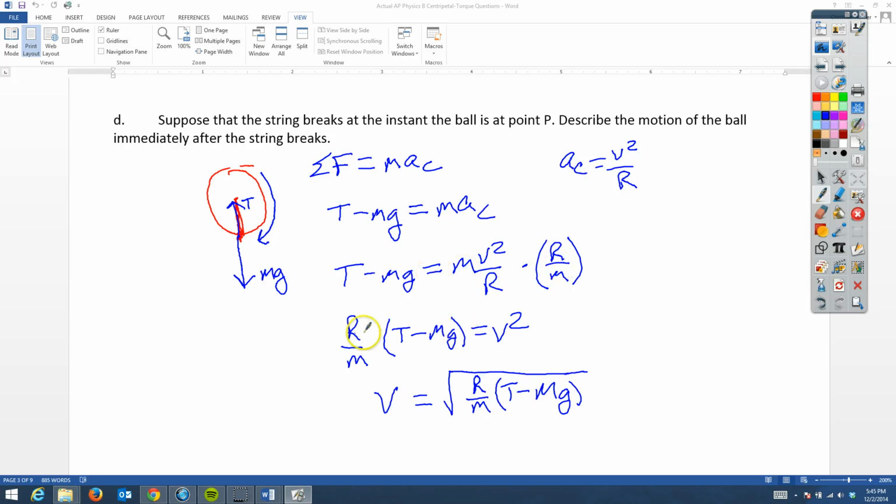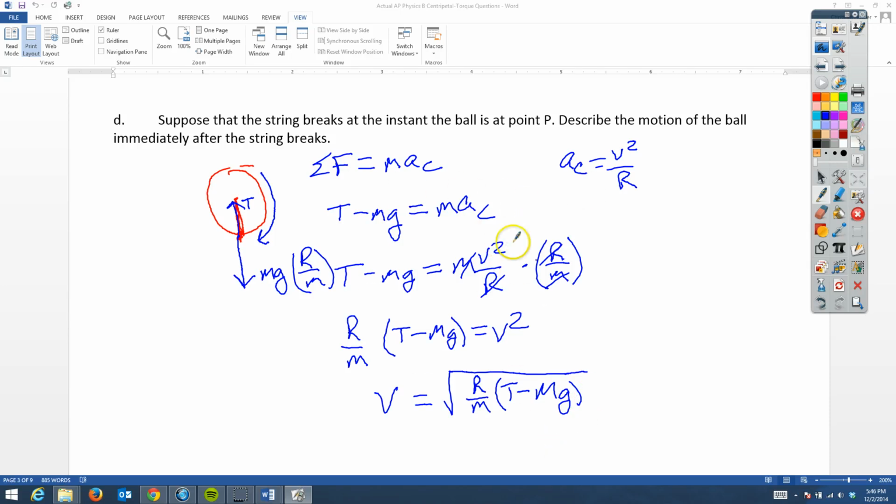We then used a_c is equal to V squared over R. We have m v squared over R. We multiplied both sides by R over m to get the m and the R on the other side. Once we did that, we ended up with this equation and then just took the square root, actually switched the sides too because I like to have the unknown on the left and all the numbers that I'm going to put in on the right.